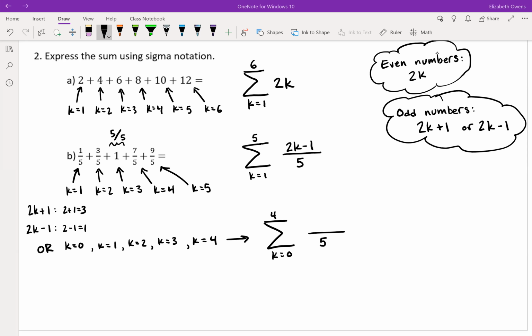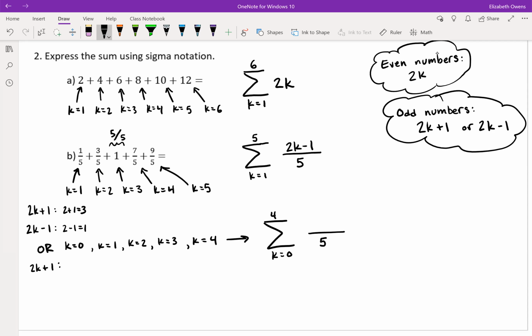So we can't keep 2k minus 1 on top for this. But for the odd numbers, if you're starting with k equals 0, you can actually use 2k plus 1 now. Yeah, good.